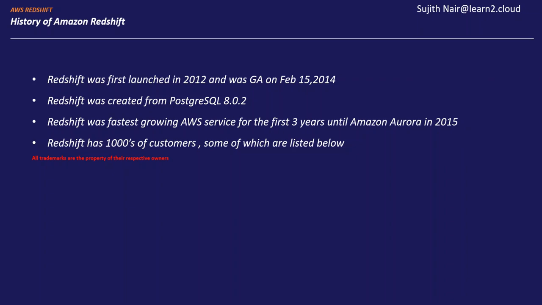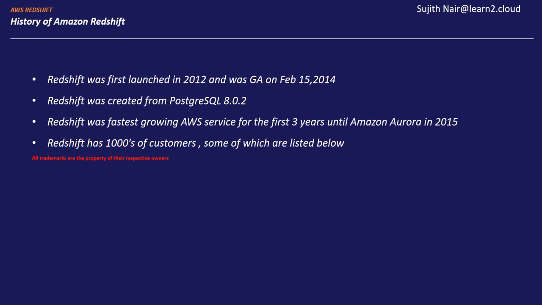Once a product goes into beta, a large number of interested customers come and use the service, and that gives Amazon a lot of information about it. It further refines, tweaks, and fixes bugs that exist in that service.